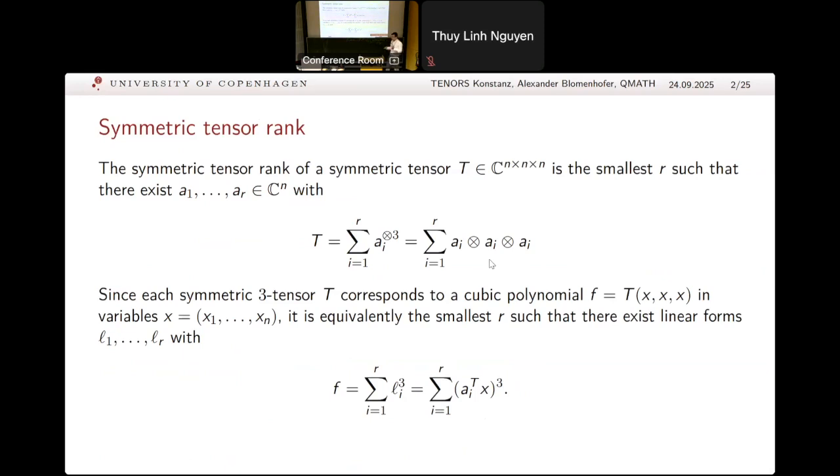And for symmetric rank, there's a correspondence between symmetric tensors and homogeneous polynomials. And if we use this correspondence, then what this equivalently means is that we have here a cubic form, and we want to write it as a sum of cubes of linear forms. And this is basically just by taking this tensor T, and for each argument, we plug in a vector of variables x_1 to x_n. So far, so good, I hope.